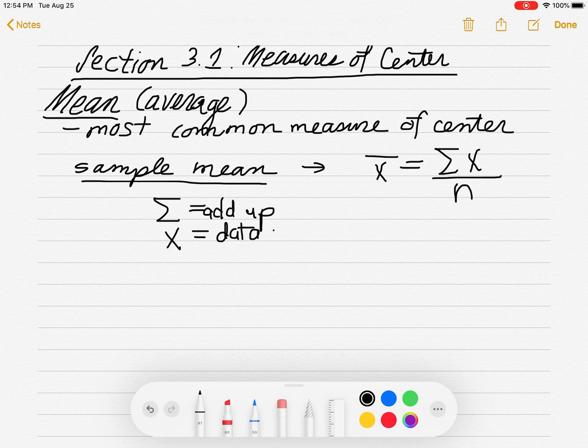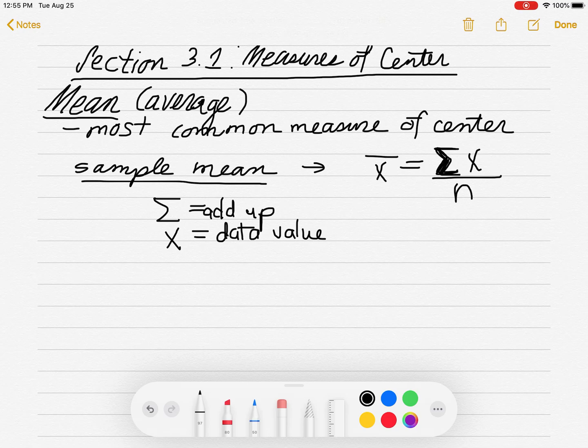When I write that Greek letter sum, this is actually called the Greek letter capital sigma. It looks kind of like a backwards E a little bit. That means add up.